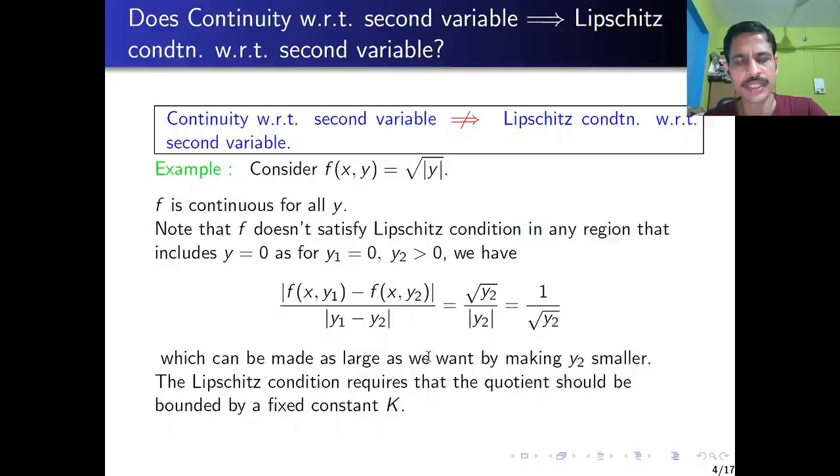The Lipschitz condition requires this quotient to be bounded by a fixed constant. But since we can make this quotient as large as we wish by choosing y2 small enough, this particular function does not satisfy Lipschitz condition.